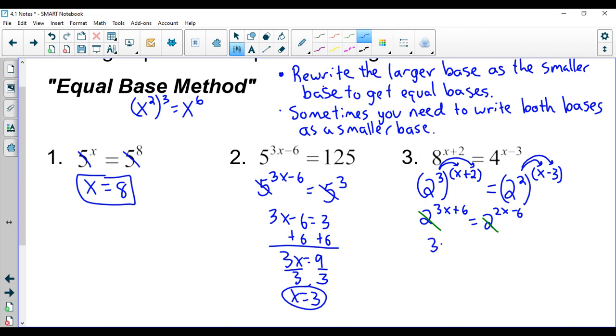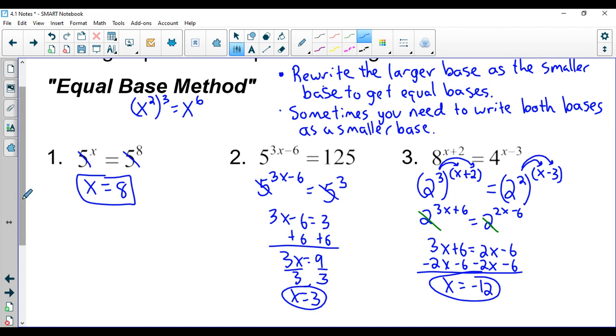I can set my exponents equal to each other. And now I'm going to get all my x's on one side, my numbers on the other. So I'm going to subtract 2x and subtract 6. So we get x equals negative 12 for this particular example.